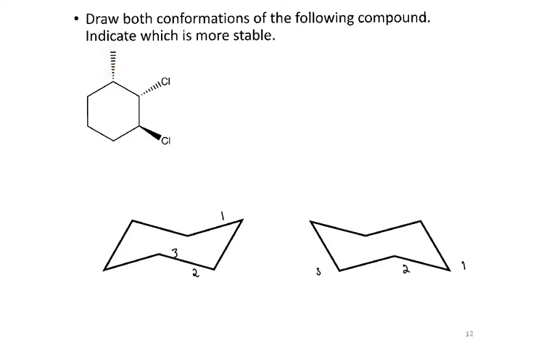So the up is axial, the down is equatorial. So I've got my methyl group. On carbon 2, the chlorine is down. So on this one, the down is going to be axial. And then on carbon 3, the chlorine is up.